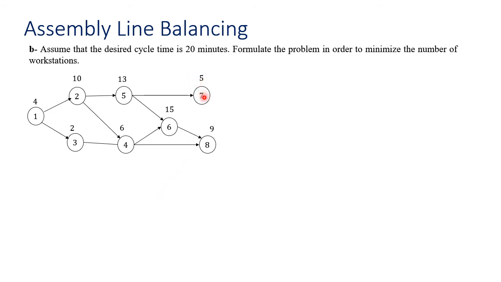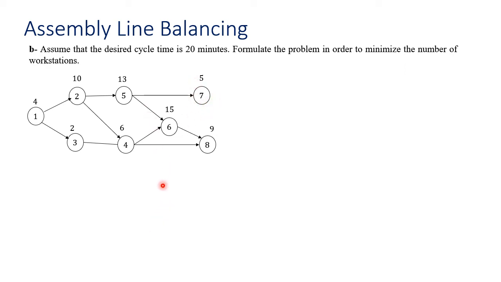So actually now in this problem version, there are two decisions. One decision is how many workstations, or which workstations, we are going to use. And the second one, similar to the previous one, is which task should be allocated to which of the workstations. Okay, these are the two decisions.